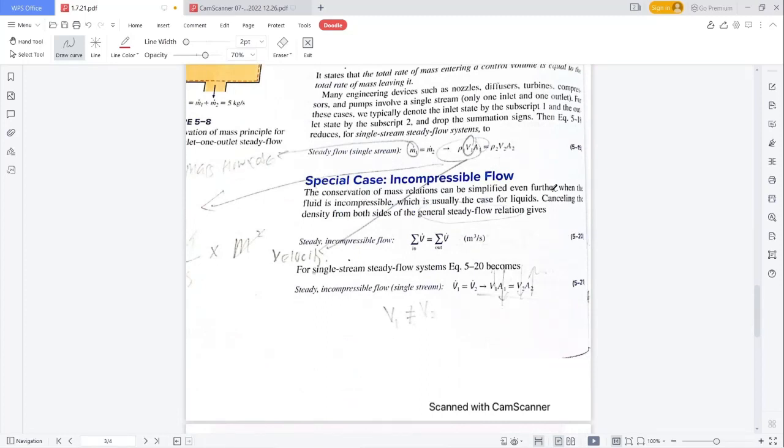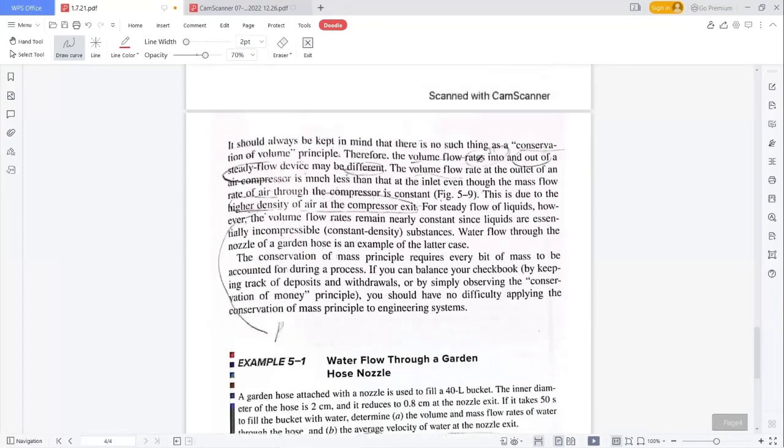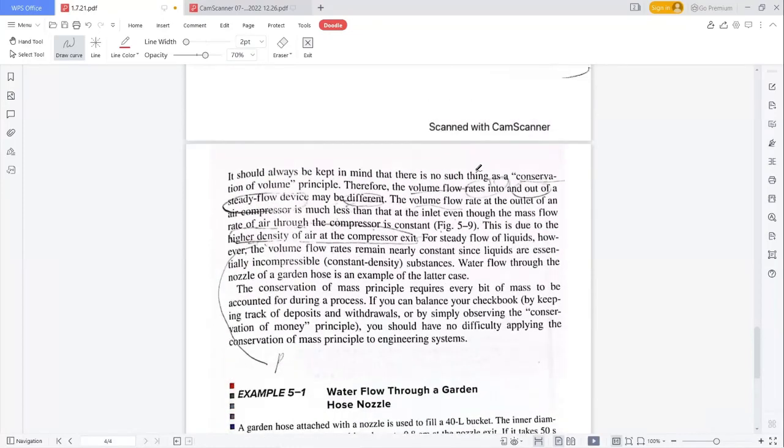Special case: incompressible flow. Cancel the density on both sides because the density of the water at the inlet and the outlet will be equal, so we can just cancel it. Further, I'm going to stop right here so that you can pause this video and read it later on, but I'm just going to quote a little bit. For steady flow of liquid, however, the volume flow rate remains nearly constant since liquids are essentially incompressible, which means constant density. So the density of the fluid will be equal at the inlet and the outlet.